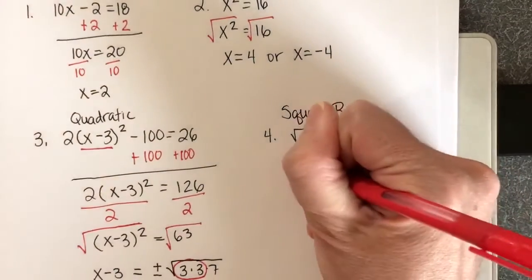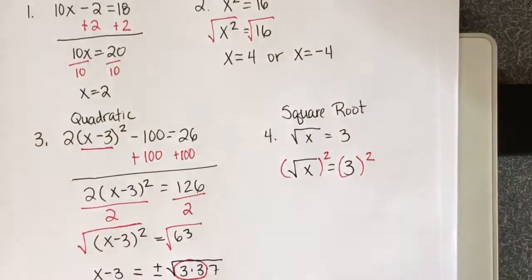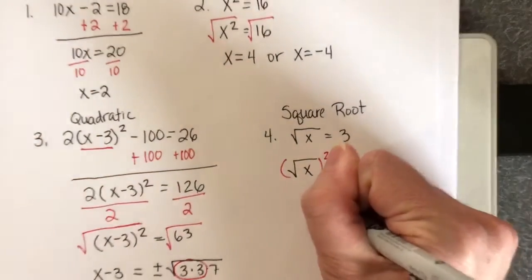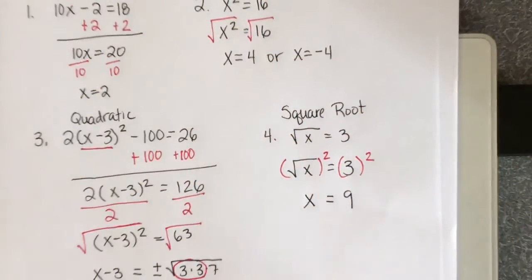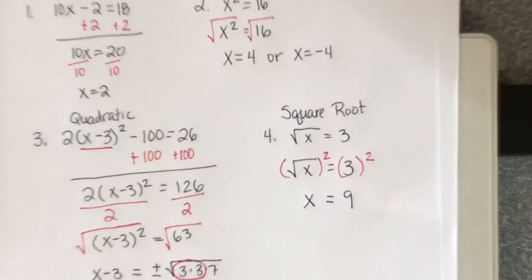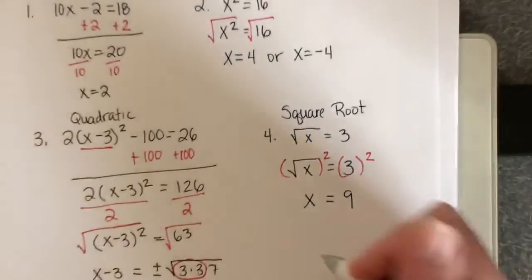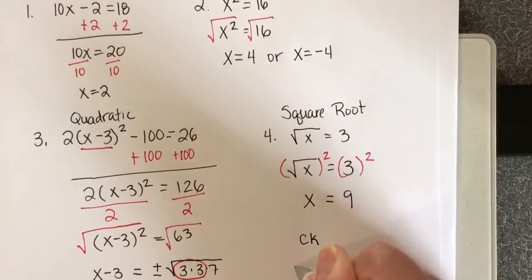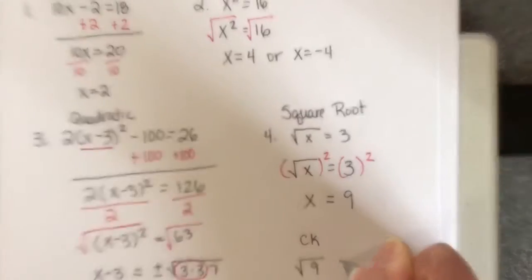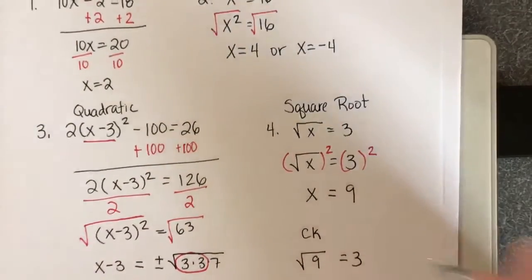So we're going to square both sides to get rid of the radical. And so then now the radical's gone, and 3 squared is 9. So x has a value of 9. Now, with any equation, you always want to go back and check and make sure your solutions are working. So I'm going to plug 9 into my value for x, and the square root of 9 is indeed 3.